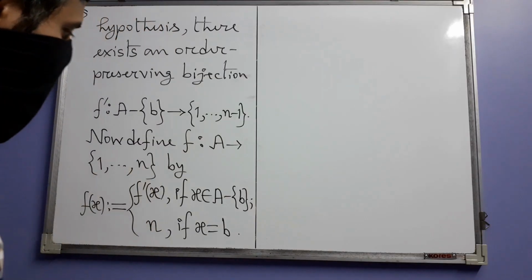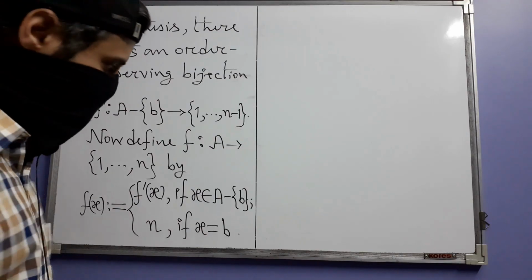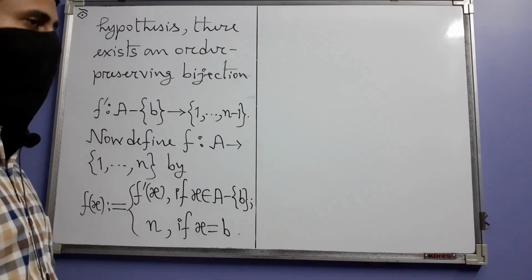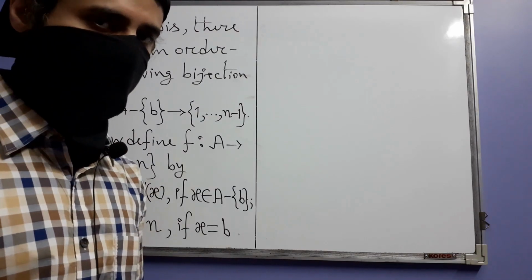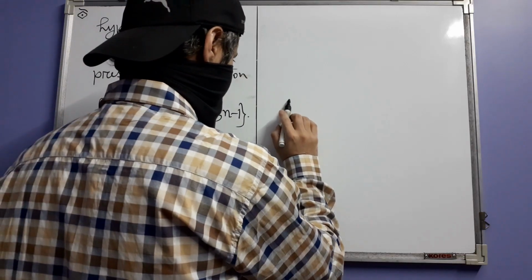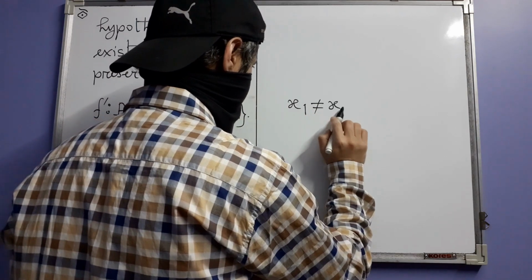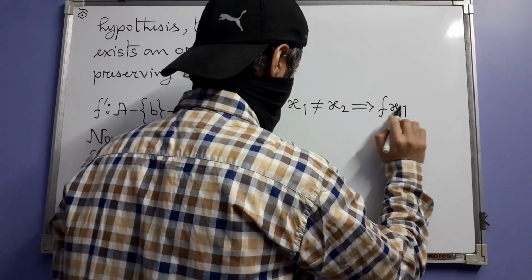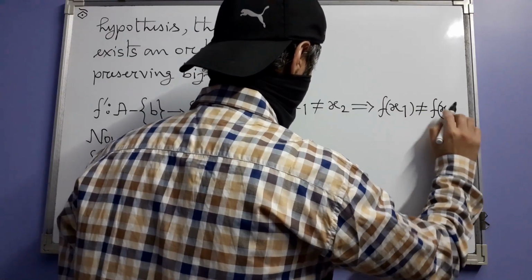Okay. So if you come to the issue of showing that f is a bijection, how do you show that f is one-to-one, say? You can show it in two different ways, although they are equivalent. Either you can take two distinct inputs and show that their f images are also distinct.